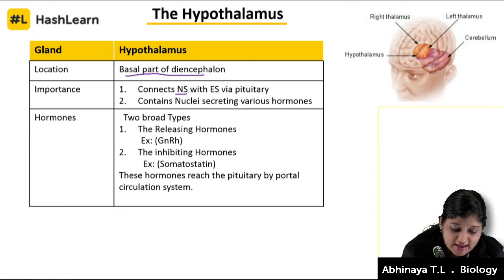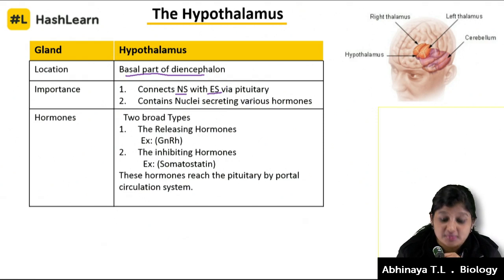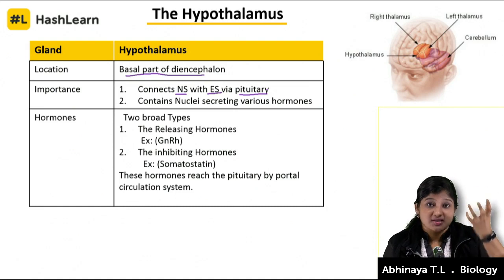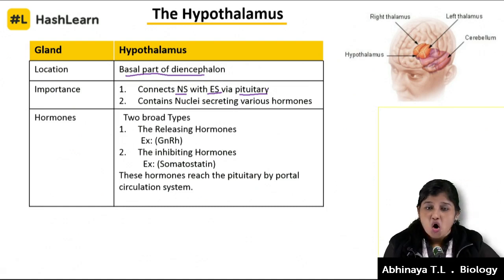It is the one which connects the nervous system and the endocrine system via the pituitary gland. So our hypothalamus gives commands to release hormones. It releases a set of hormones which get collected in the pituitary gland. It is like a master gland, and it commands all the other endocrine glands to release which hormones at what time.